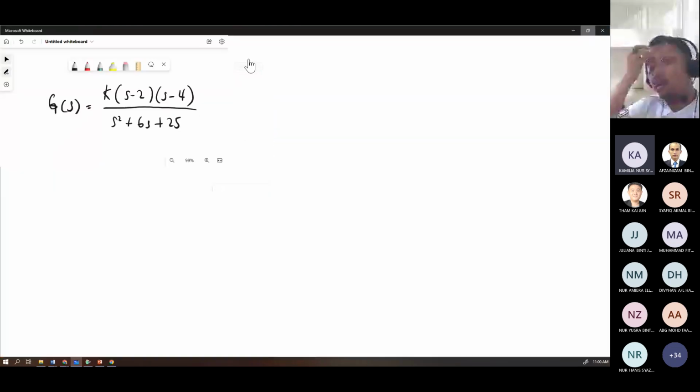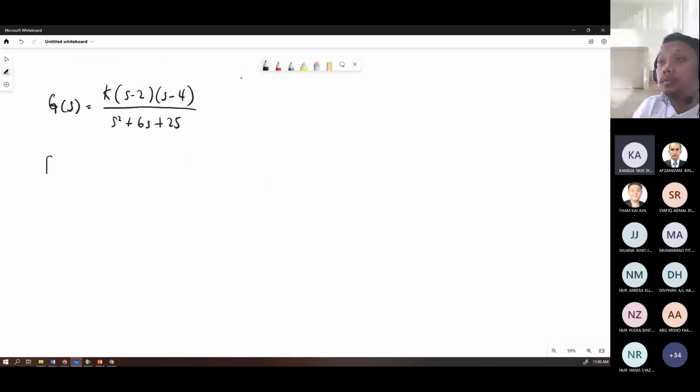Okay, so we can first find the poles. So the poles, you look at denominator. So it's quadratic equation. So you can use calculator to solve the quadratic equation.